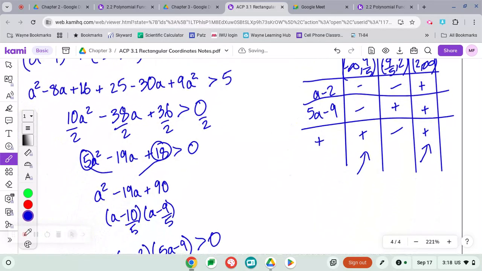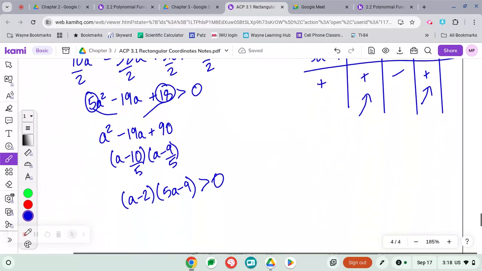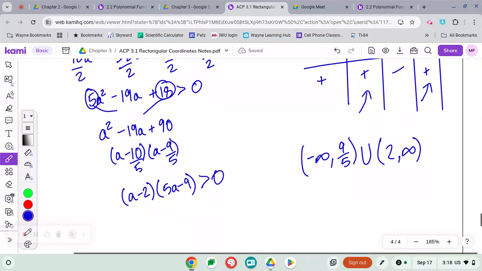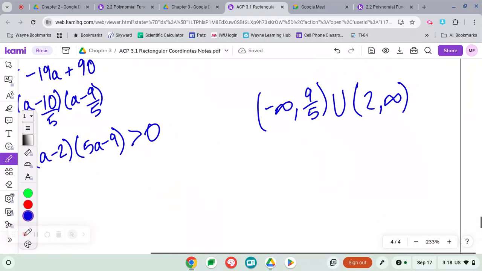There was no equal sign, so we cannot make a bracket. It's going to be negative infinity to 9/5 or 2 to infinity. Okay, now, this is great in interval notation. My answer, I need it in inequality form.